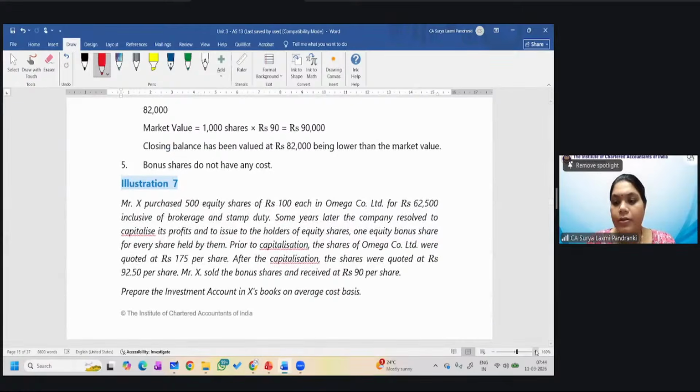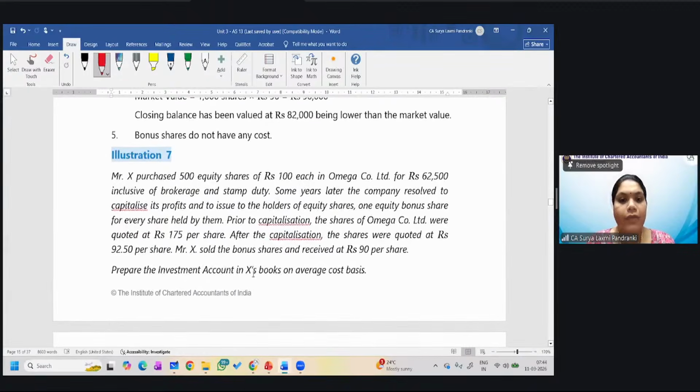Now look at this question. Illustration 7. So in illustration 7, what happened?